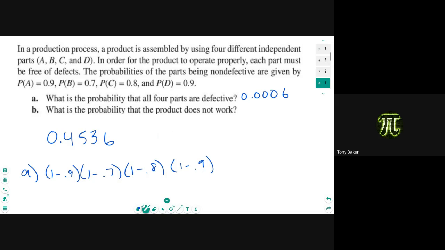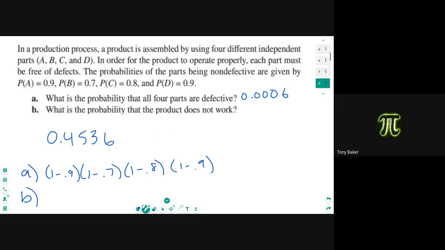All right, so now B. What is the probability that the product does not work? Would it be like the complement to the 0.453? Why?